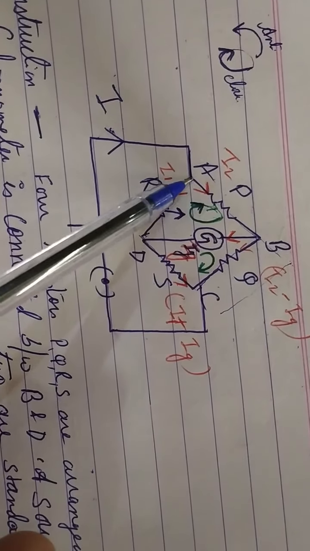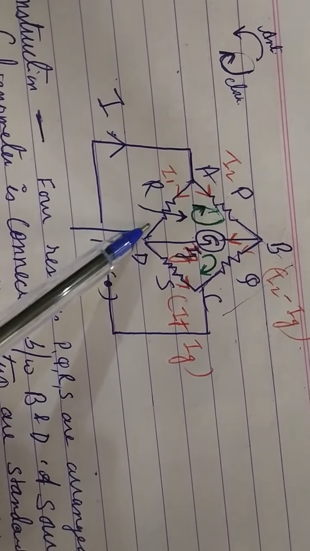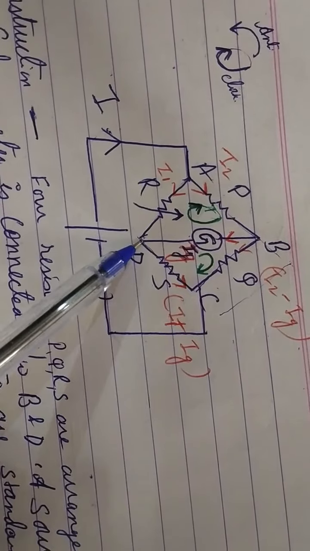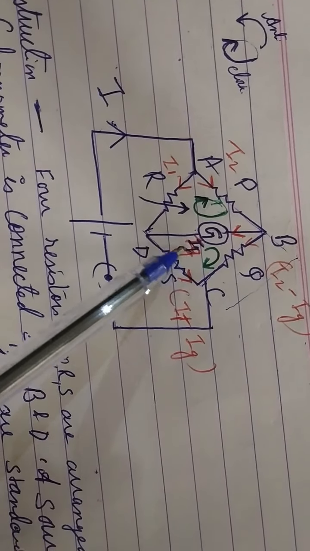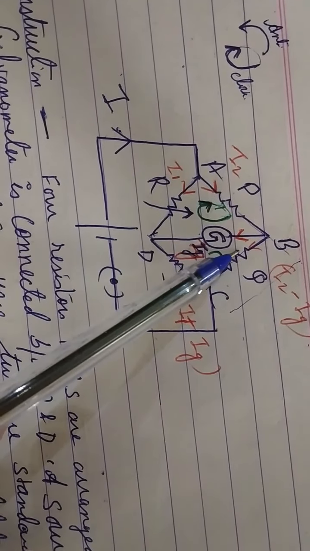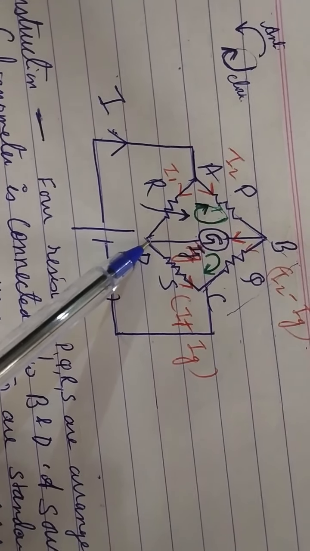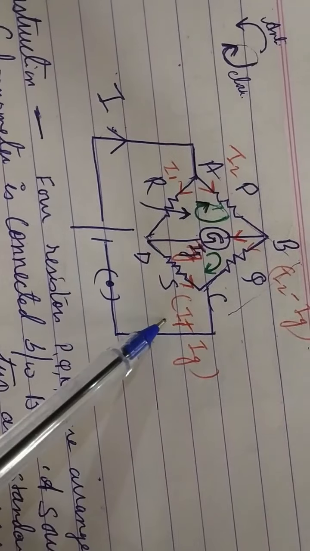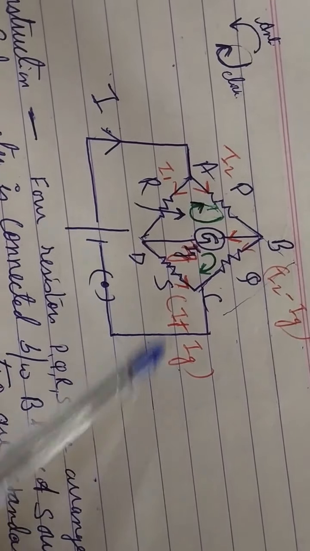And from here downward I1 is coming, reaching point D, and at point D the Ig from the galvanometer will also come. So how much current reaches here? I1 plus Ig.